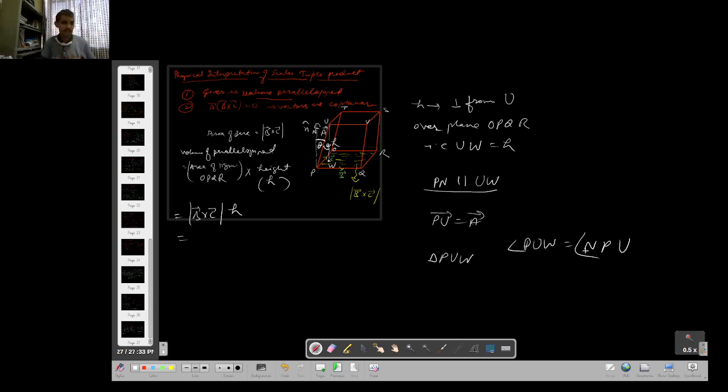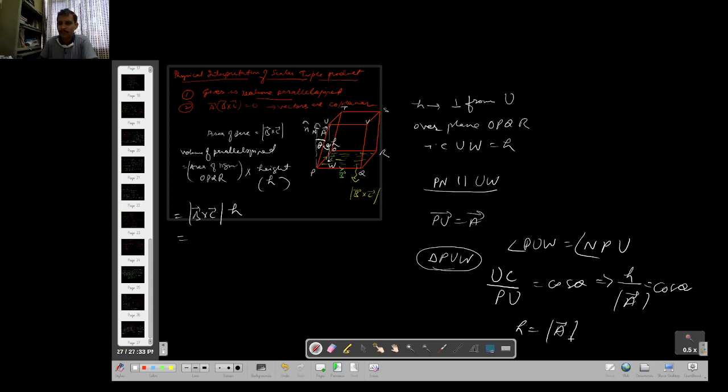So in this particular triangle I can say that UW over PU is equal to cos of theta. What is UW? UW is equal to h upon mod of A, and it is cos of theta. So therefore h comes out to be mod of A cos of theta.